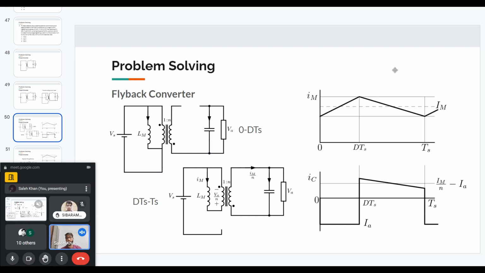So the average current will keep on rising, and the peak current will also keep on rising, and the inductor or the transformer may get saturated. That is why we have to make sure that the current comes back to the original value, so that the transformer or the inductor does not get saturated.